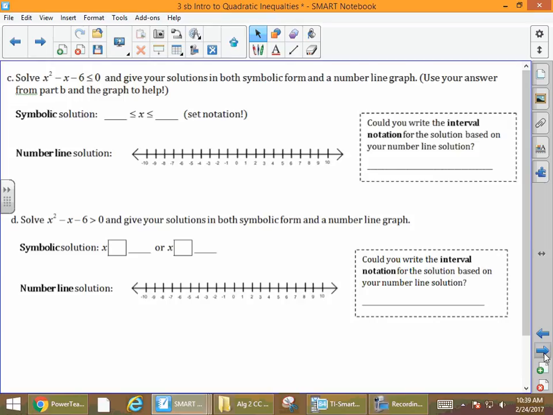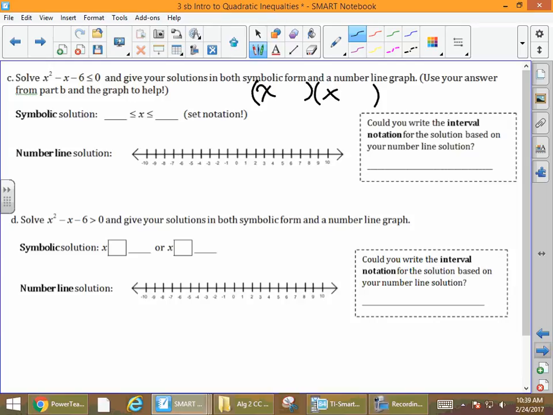Well, in order to solve, we have to factor. So without spending a lot of time on the factoring, x squared minus x minus 6 factors to be x minus 3 and x plus 2. That's our factors. And I know, I'm going fast here.